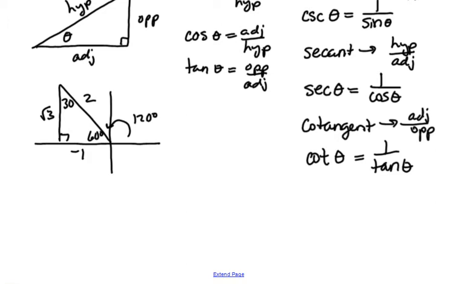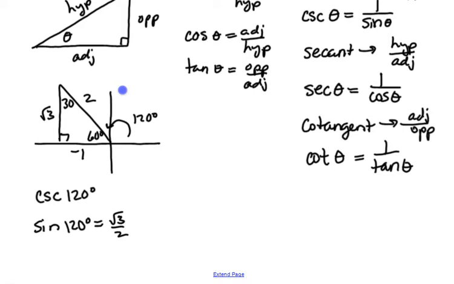So if I wanted to find, for example, cosecant of 120, well, first I would find sine of 120. This is the way I would do it. Sine of 120, I would remember, okay, cosecant is the reciprocal of sine. Sine of 120 is opposite over hypotenuse, square root of 3 over 2.